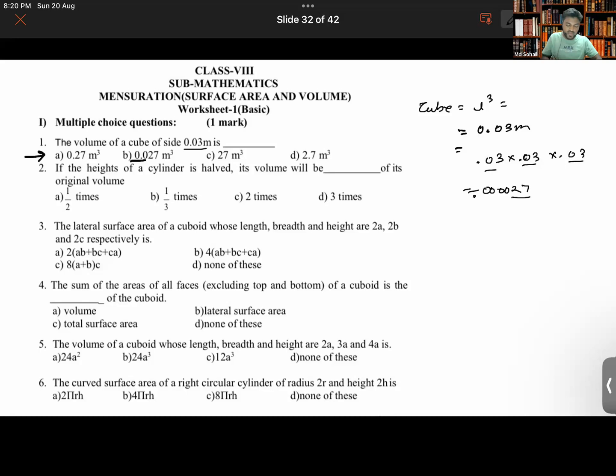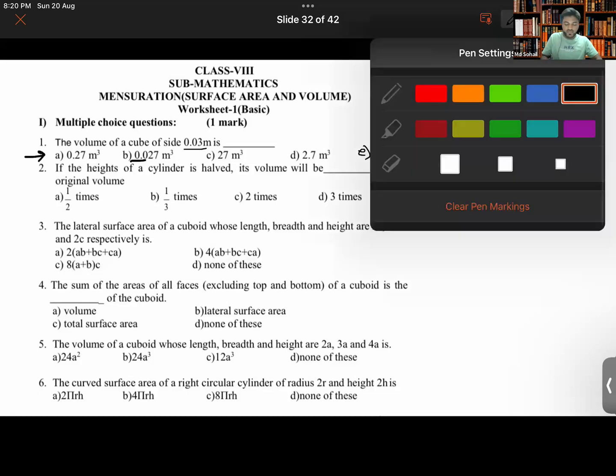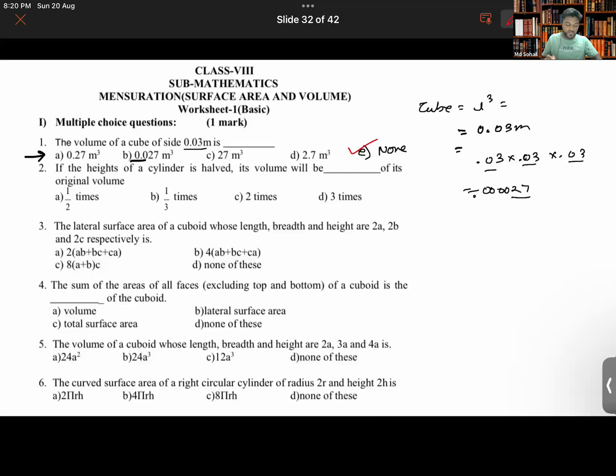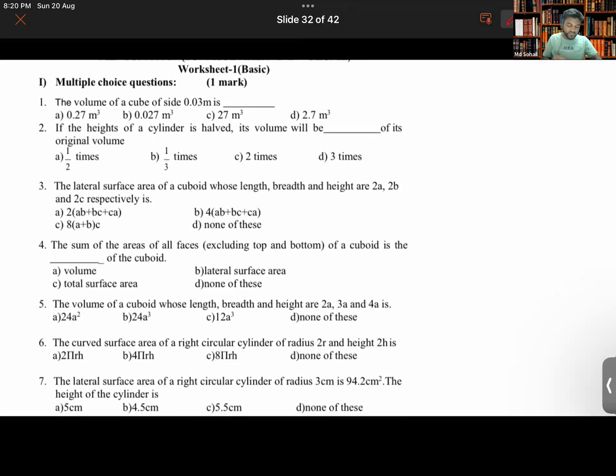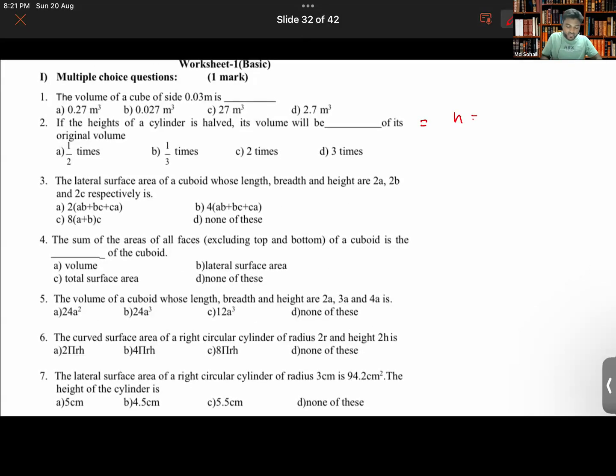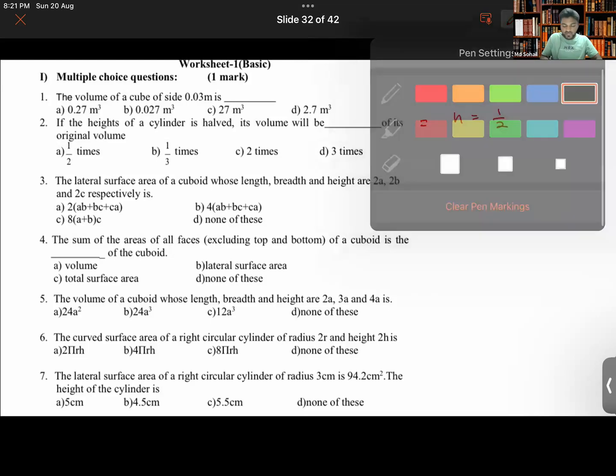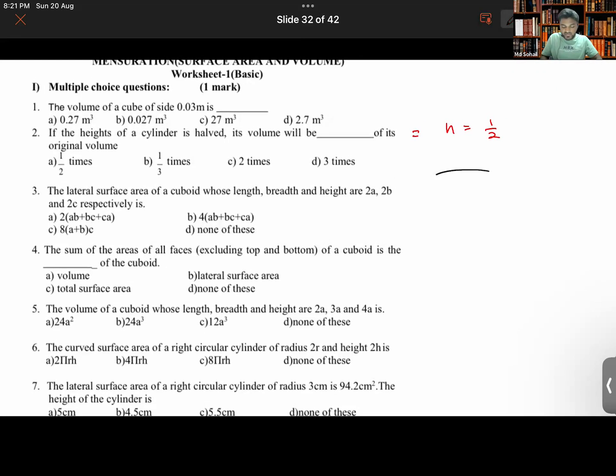There should be option E, none, so you'd be ticking on none. Okay, question number 2 is an interesting question. Pay close attention, guys. Usually these questions are asked in Olympiads and competitive exams. If the height of a cylinder is halved, let me draw a figure. Suppose I have got a cylinder here.